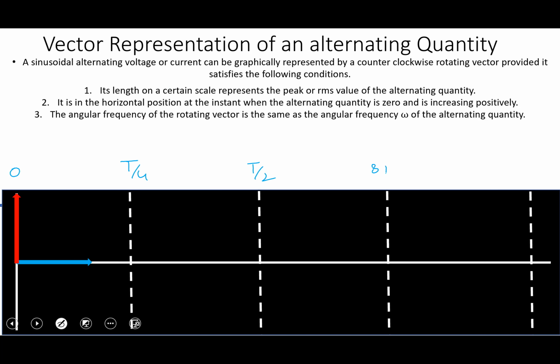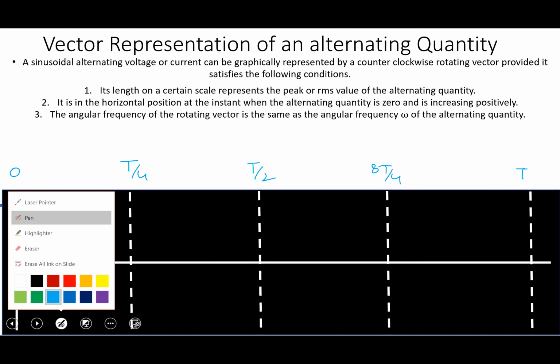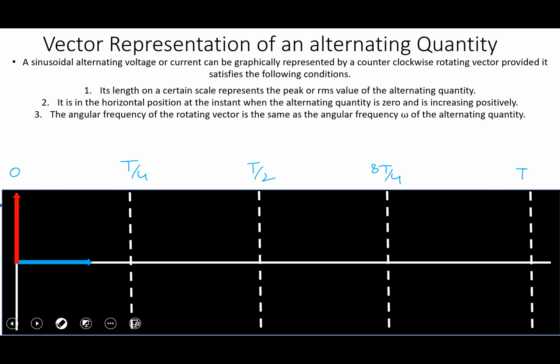This is 3T by 4, and this is T. So this blue line basically moved from this position to a new position at T by 4, to the maximum value. Whereas the voltage, which was red, moved from the maximum position to 0 at T by 4.